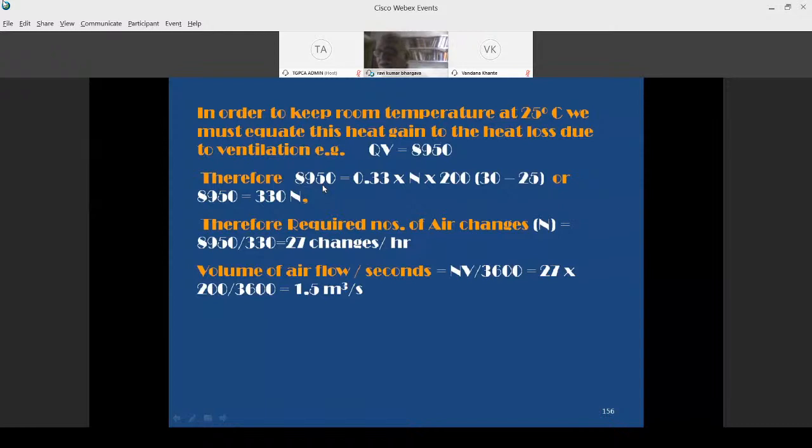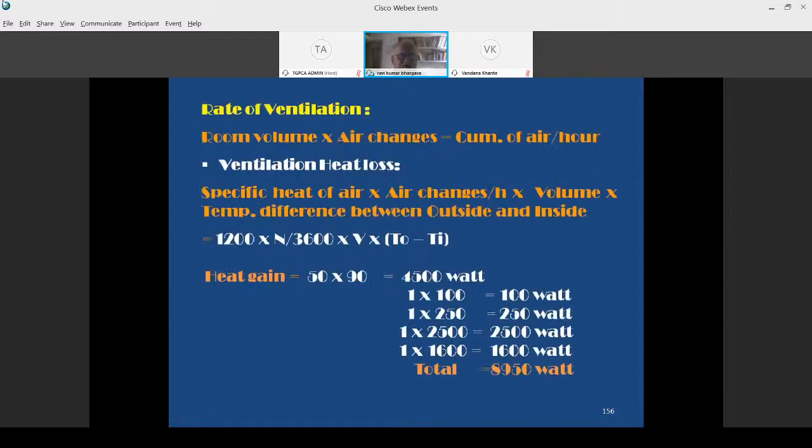If you want to convert air changes into per second instead of per hour, we have to divide by 3600. That is, 1200 divided by 3600 will be 0.33. You put all those values inside and do the calculation. So the required number of air changes N equals 8,950 divided by 330, which comes to 27 changes per hour.